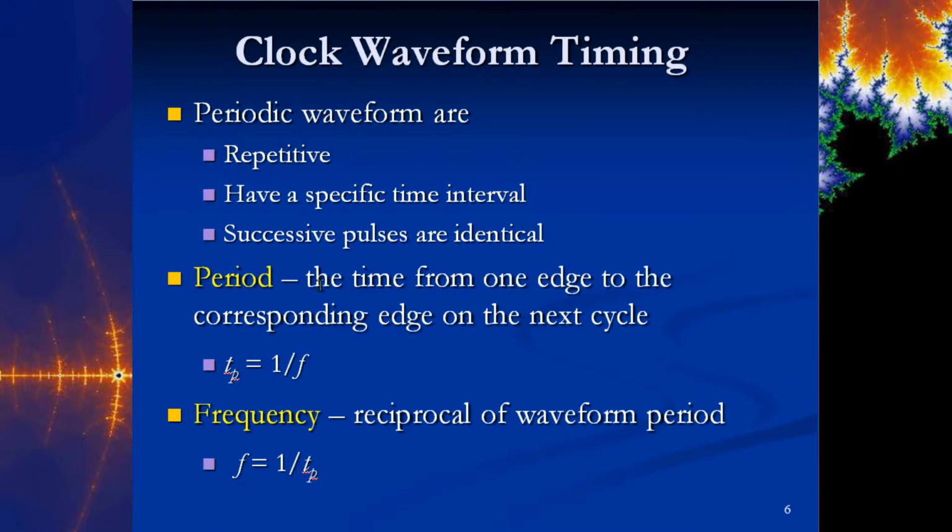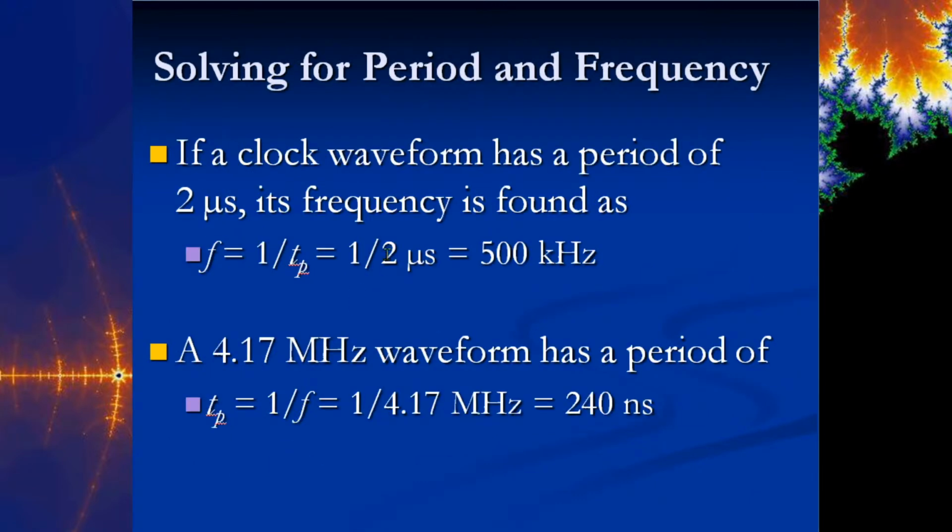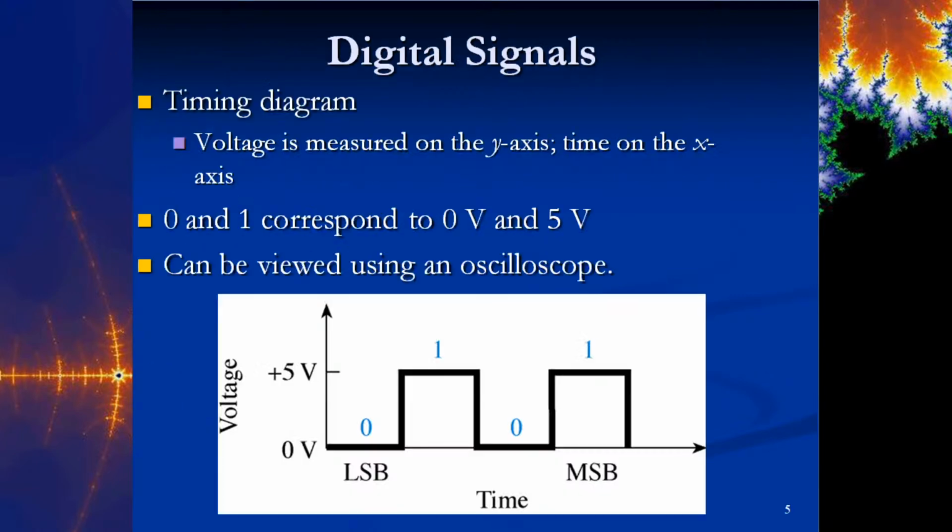So the period is the time it takes for one cycle to complete. And then, as you know, frequency is the inverse of that. So let's look at a couple examples here. If a clock waveform has a period of 2 microseconds, a clock waveform would look like this. This would be one iteration, and then this is another cycle.